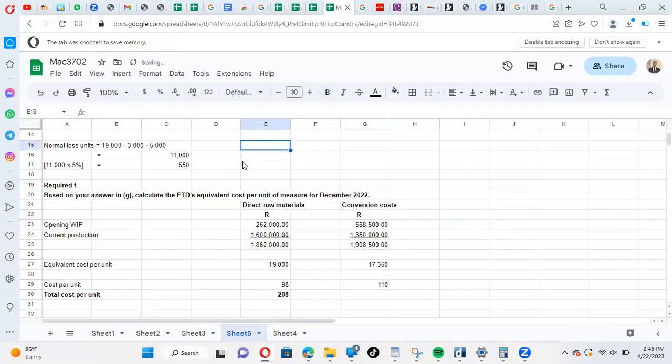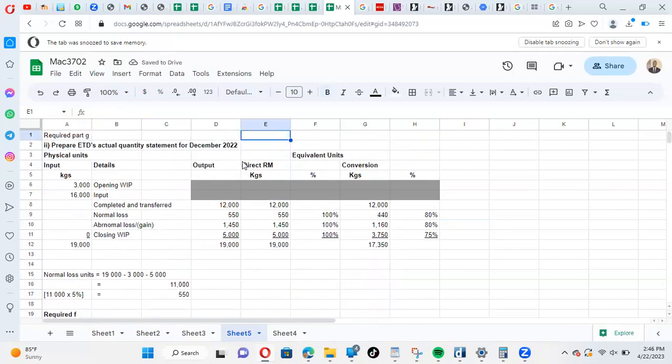So where you'd have a difference with the other method is that on the other method, we basically draw up a distinction between the materials. Maybe we will leave that for another time, but there you would have values for your opening work in progress, based on the percentages.